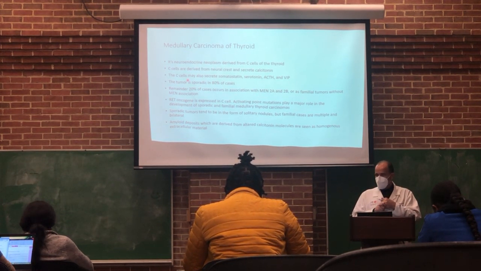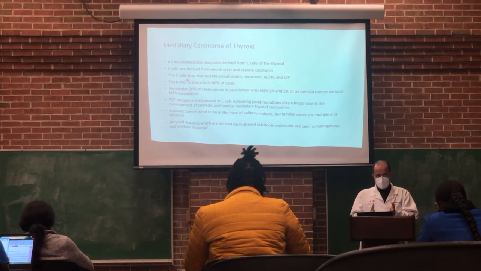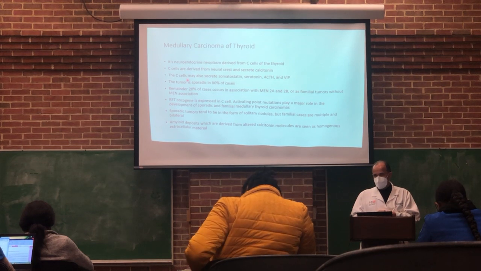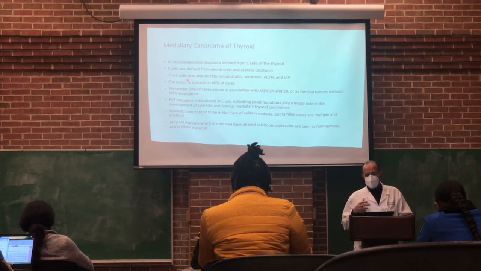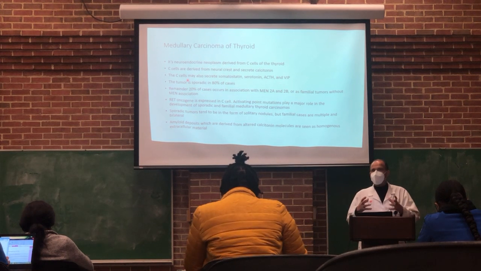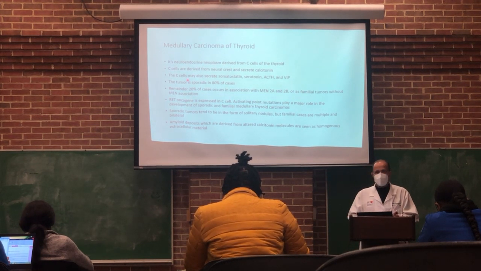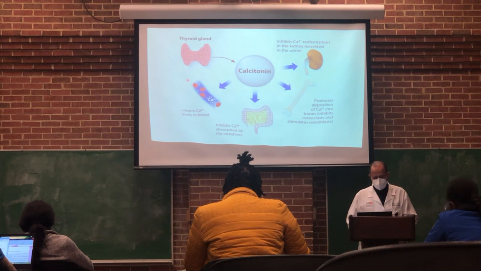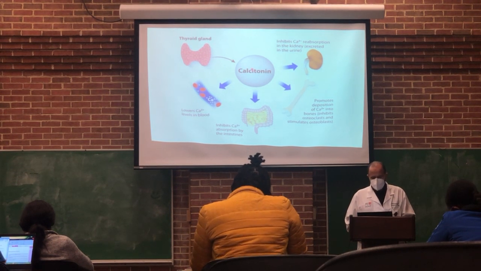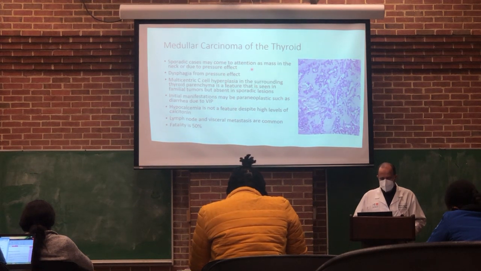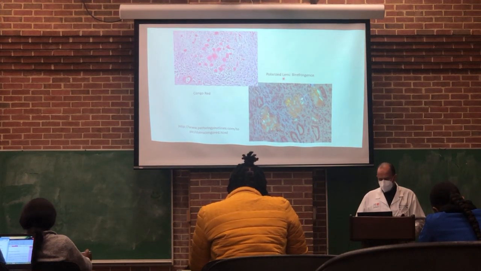Just remember, this tumor secretes calcitonin. Calcitonin lowers calcium level in the blood. And another thing about this medullary thyroid carcinoma, it has amyloid. So, this is the function of calcitonin, lowers calcium in the blood, and it has amyloid.